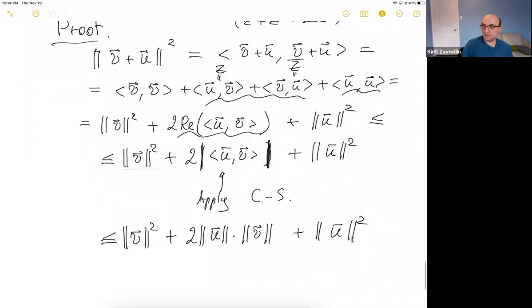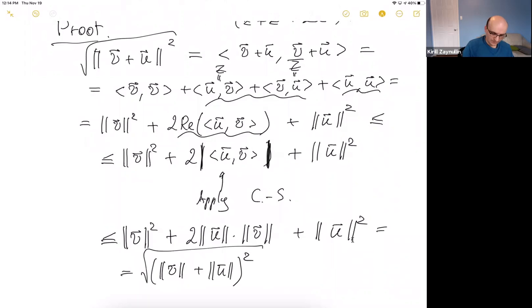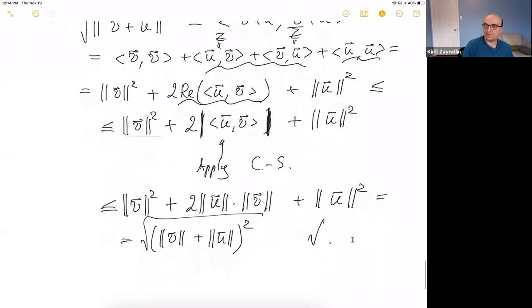And then we all see that what is written here on the right is just the formula for the square of the sum, right? So it's just the length of V plus U squared. And then, to get the triangle inequality, we just need to take the square roots. And that's finished. Okay, so that was a proof.